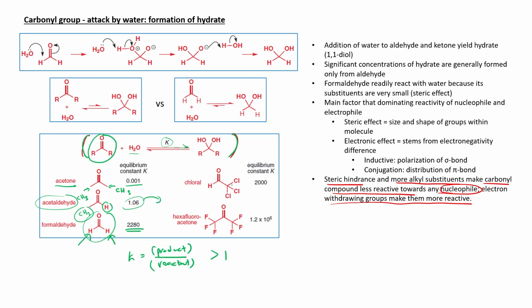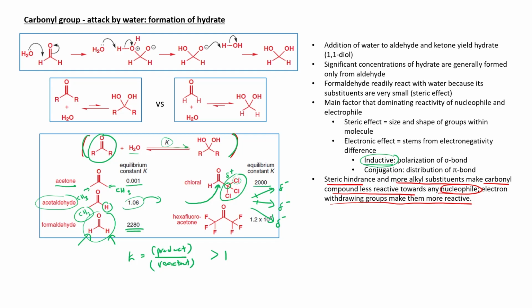And also if you see this inductive effect, you have chlorine, and you know chlorine will pull the electrons, so there is a partial negative on the chlorine side, and this carbon will become partially positive. So this also favors the nucleophilic attack, so the nucleophile can go in much more easily.